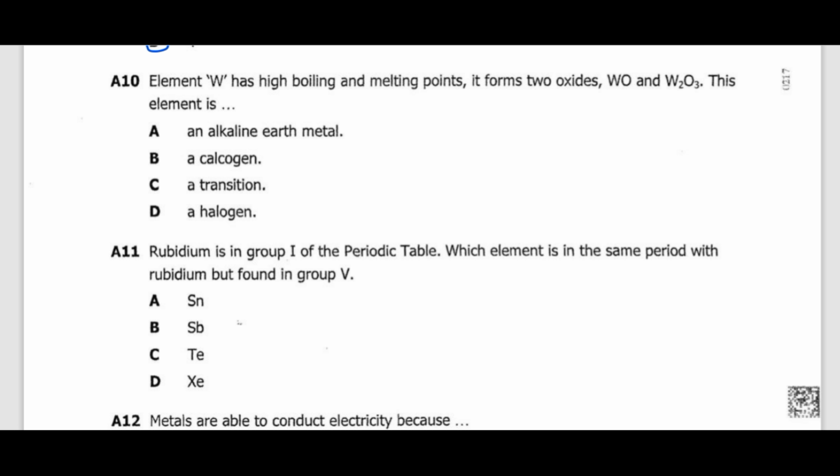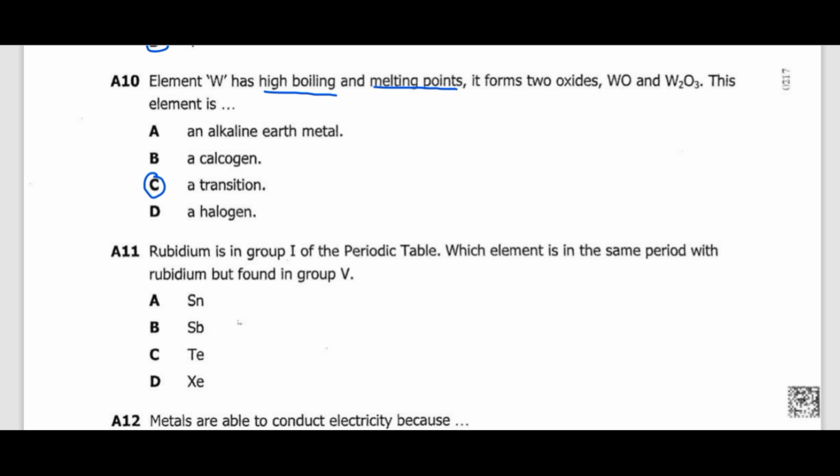Now, because of the high boiling and melting point, we know that this must be a metal. So the answer here is that it is a transition element. Some of the transition elements behave like that.